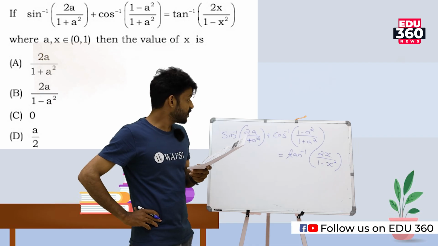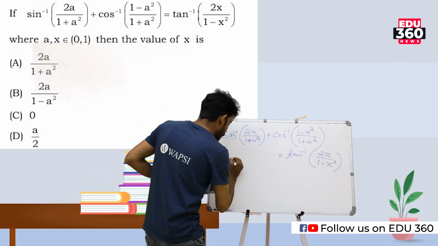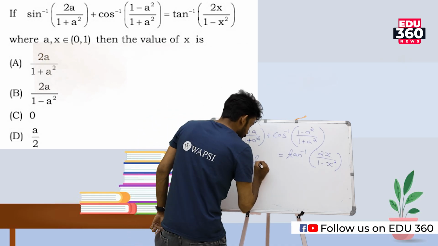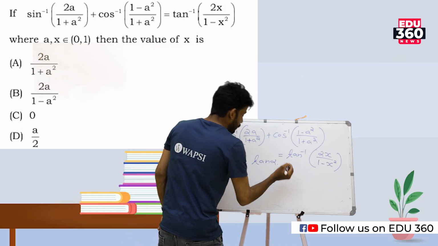Now, first of all, instead of a, I am going to substitute a is equal to tan alpha.